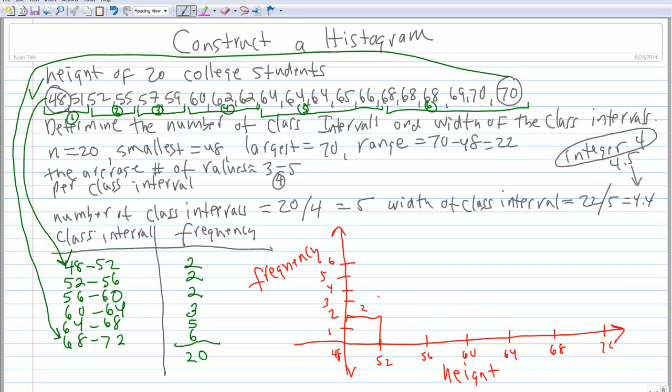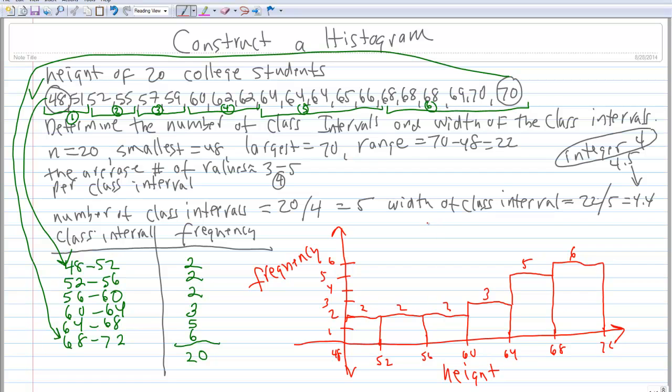Next one, it goes from 52 to 56. 2, 2, 3, 5, finally 6.